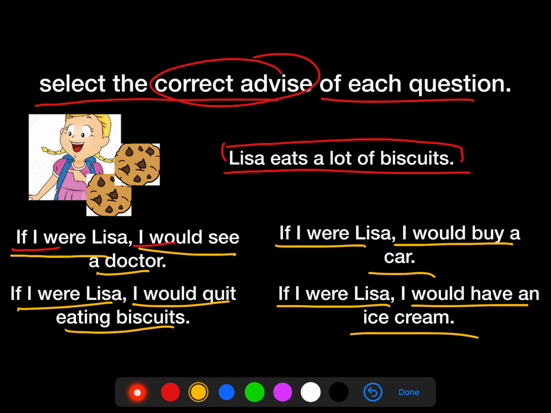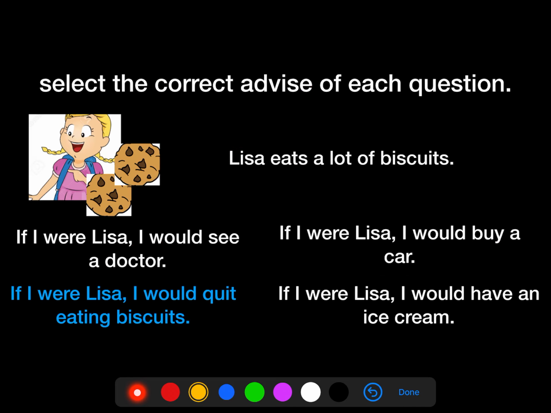The correct answer is this. If I were Lisa, I would quit eating biscuits. So you imagine being Lisa, and it is best not to eat biscuits.